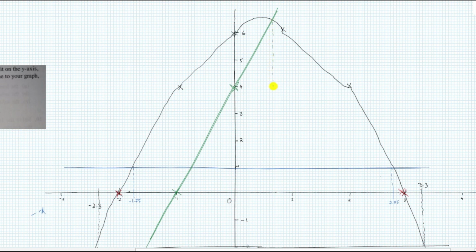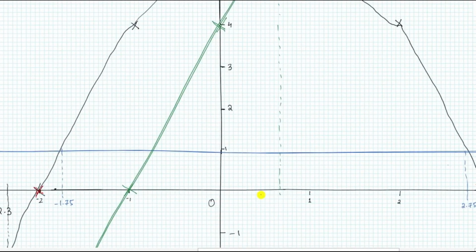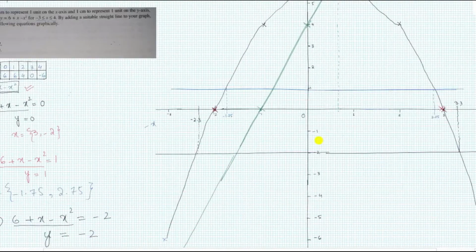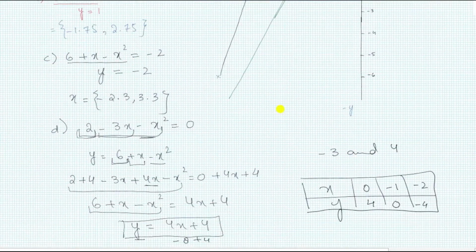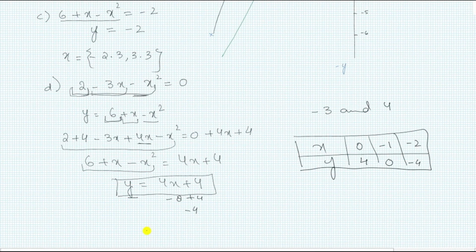Let's see what the value of x will be. See, from here we can easily read the value of x. It will be 0.65. So the answer of this part is that the x value is 0.65. Okay, so it will be the solution.